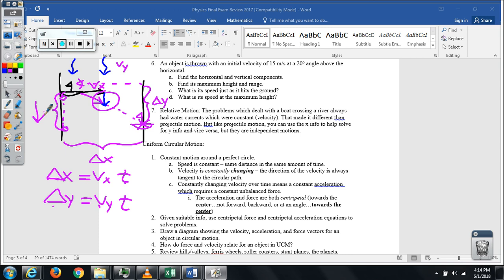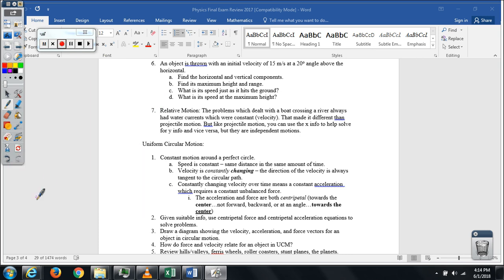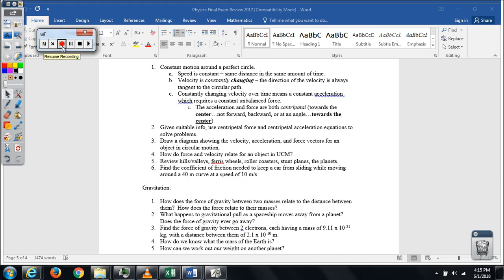Next up on the list is uniform circular motion and gravitation. So for UCM, that is constant motion around a perfect circle.